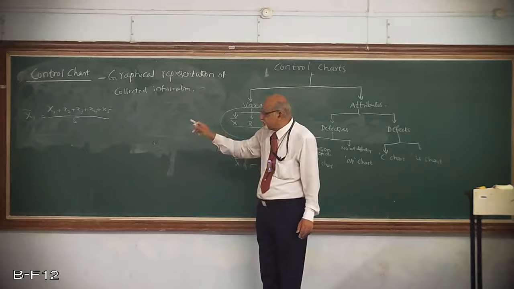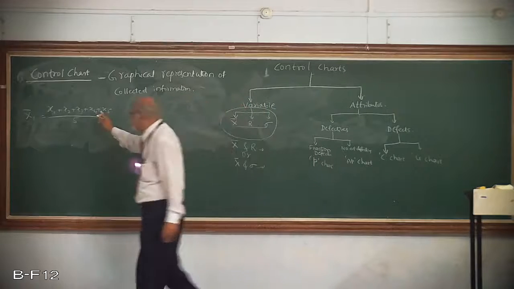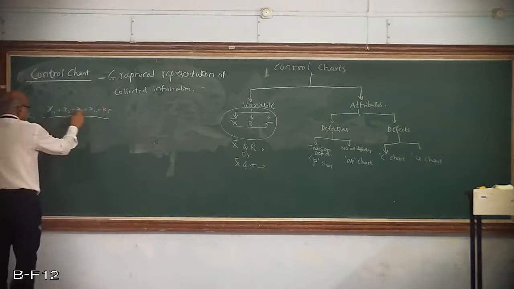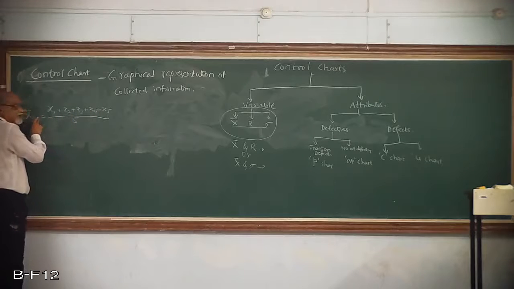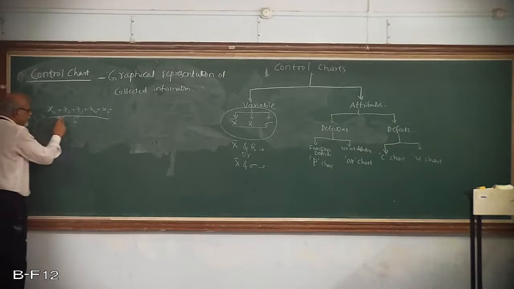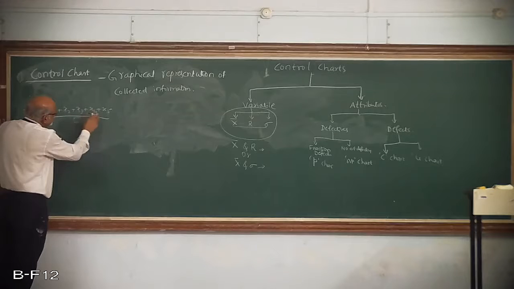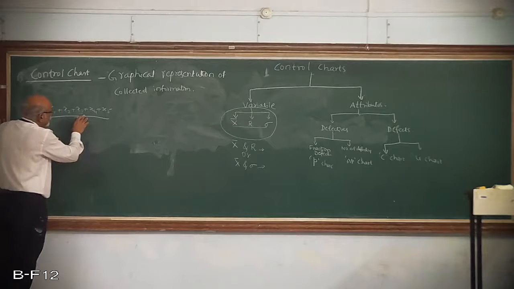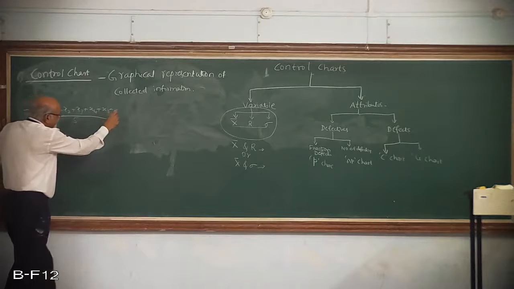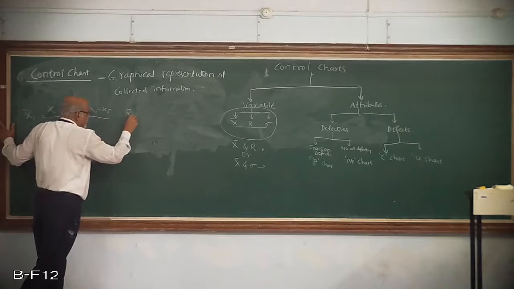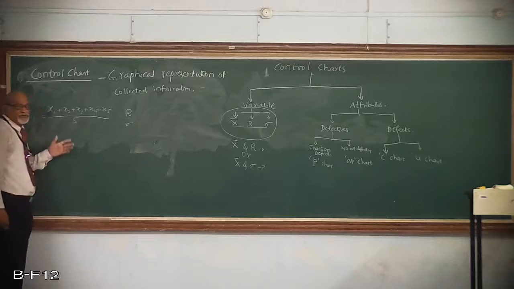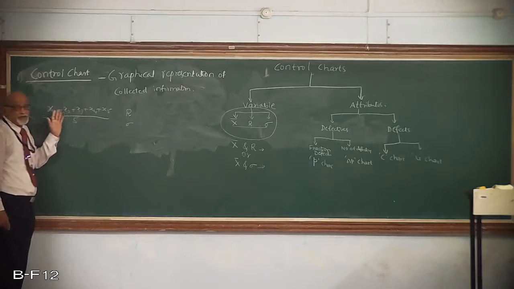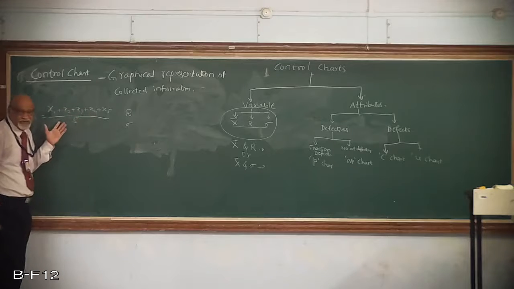Before that, I am just telling about this. These individual values have got the variations. So its average value I am getting as x1 bar, and here I can measure its spread or the width either in the form of range or sigma. Range means the difference between the highest and the smallest value, which is very easy.